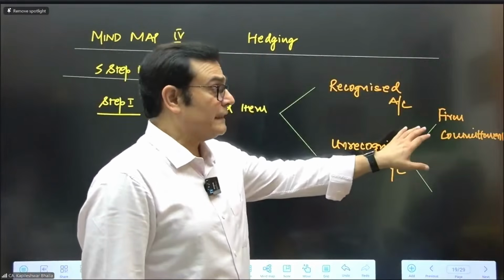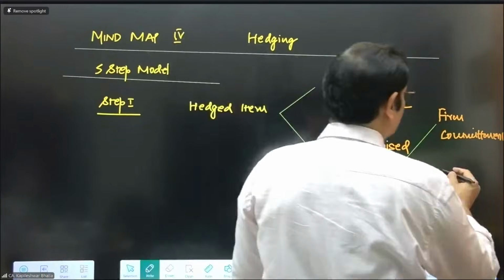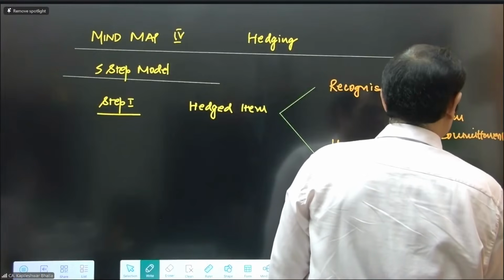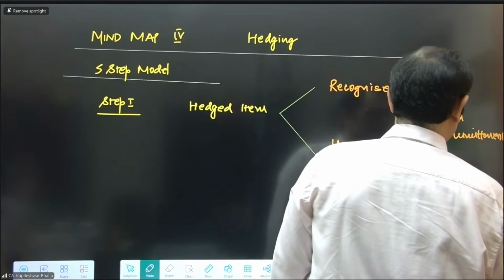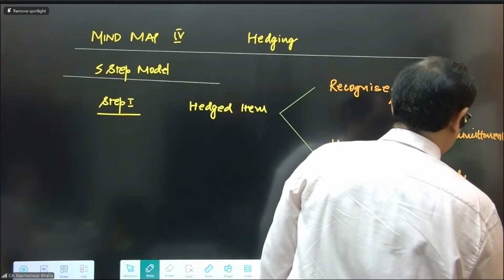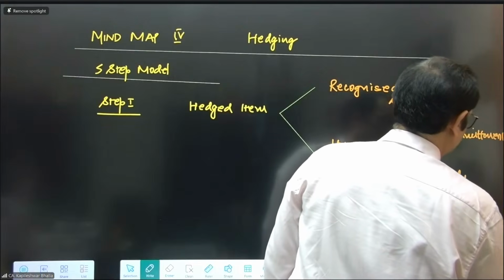So when you've already entered into a binding contract, that becomes a firm commitment. Or it is supposed to be a highly probable forecasted transaction that is unrecognized today.